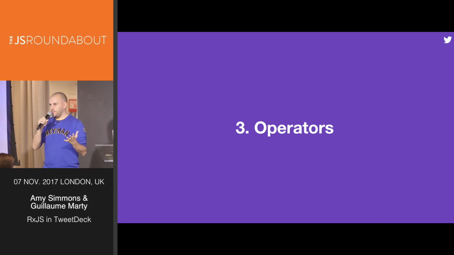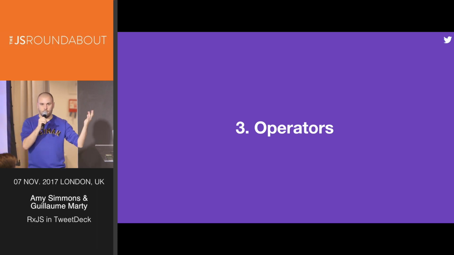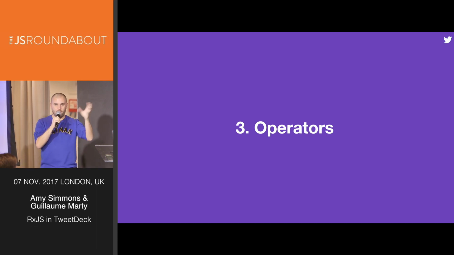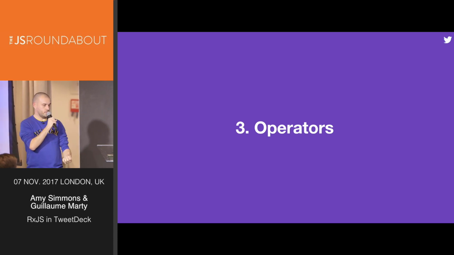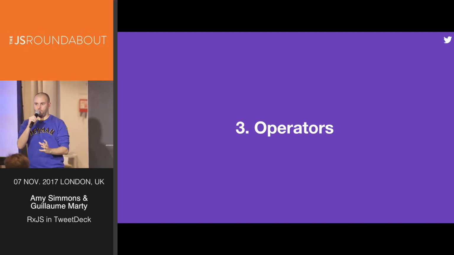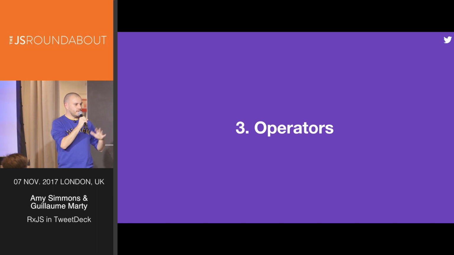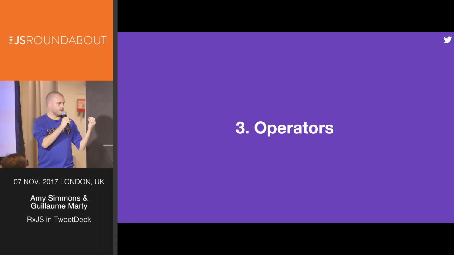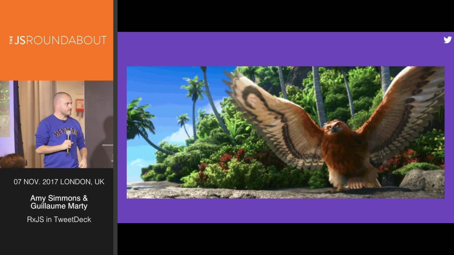These operators are used to process the values. You can filter out values. You can change values with map and get the updated value down the stream. You can merge two different event streams into one. There's tons of things you can do. It's really, really powerful. That's where the power of RxJS lies.